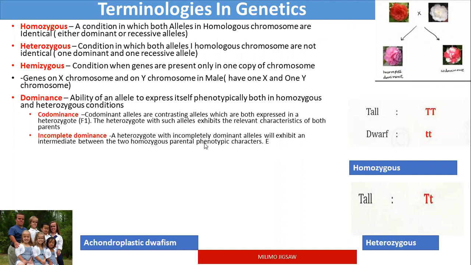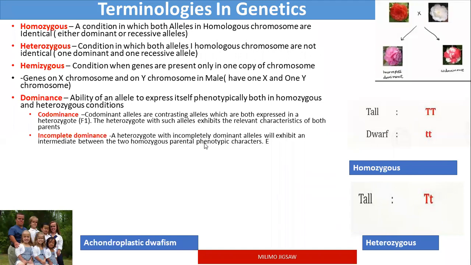For example, take a plant where flowers are determined by two alleles, red and white. When those are crossed, RR, capital R's, signify red flowers, while WW signifies white flowers.